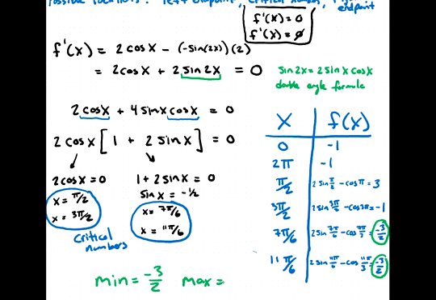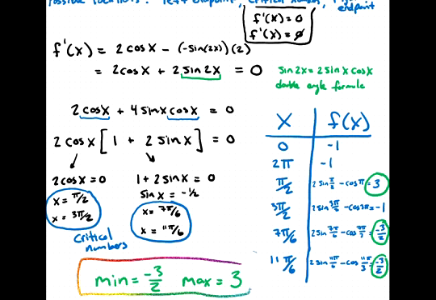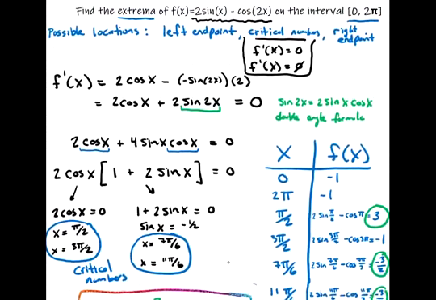And our maximum value looks like it occurs when x is pi over 2. So the maximum value is 3. Okay? And so here are our extreme values, or our extrema, of the function 2 sine of x minus cosine of 2x on the interval 0 to 2 pi.